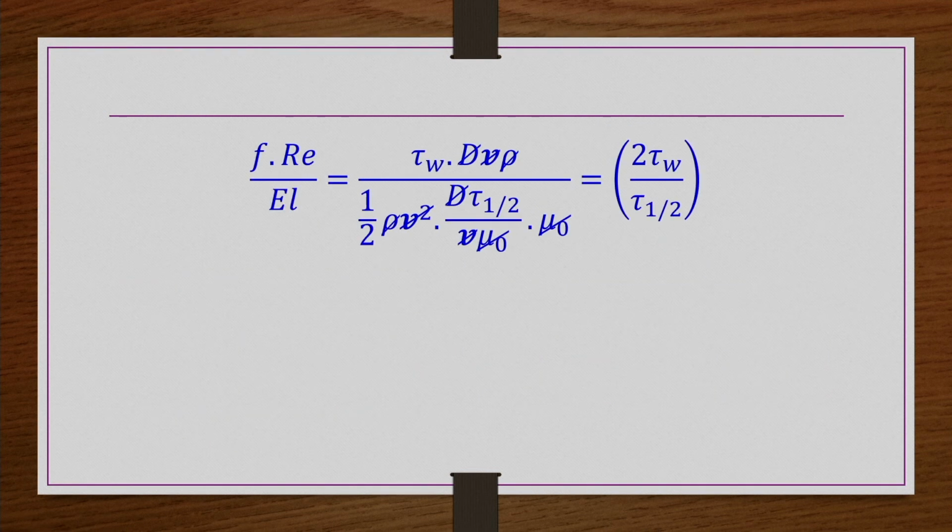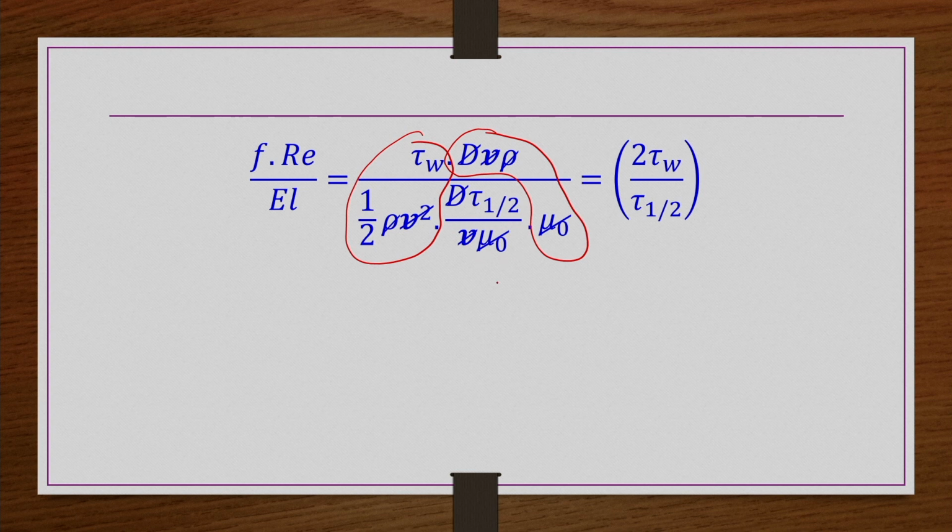So f Re by EL, if you further try to substitute and write in terms of tau W: f is nothing but tau W by half rho V square, Re is nothing but d V rho by mu naught, and EL is nothing but d tau of by V mu naught.